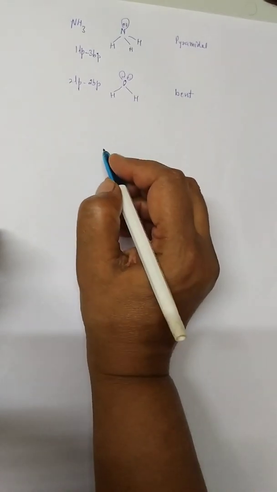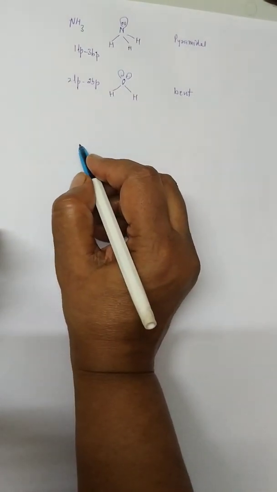and that is very easy for you to predict the shape of the molecule, whether it is without lone pair or with lone pair, or whether it is an ion. For example, the formula is here.